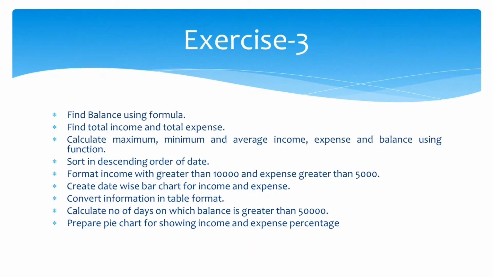So, we will do that, and finally, we prepare a pie chart for showing income and expense percentage, right. So, this exercise covers many aspects of Excel features, and I hope it will help you to understand these features of Excel and utilize them for other exercises also.